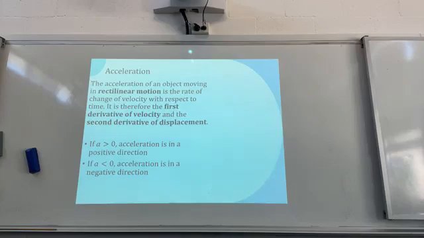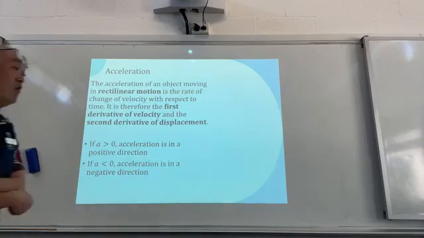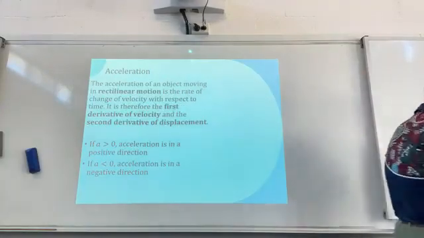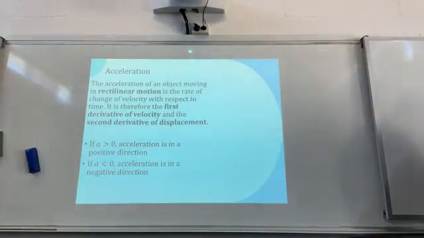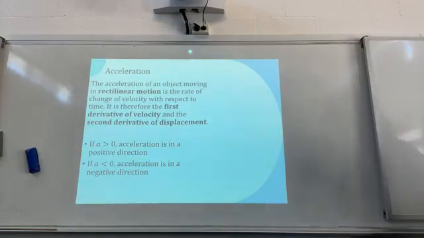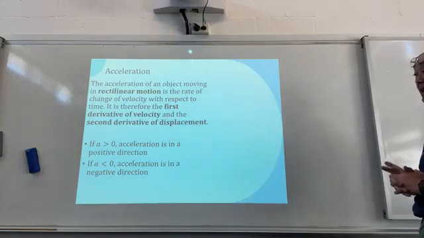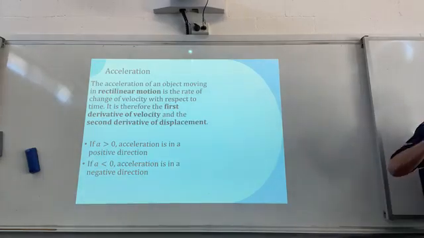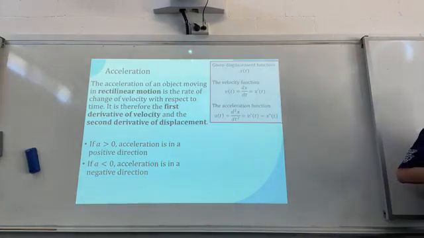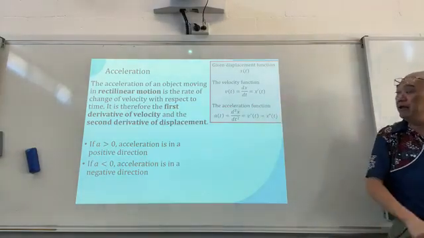And then from velocity to acceleration, you differentiate the velocity once more, which is the second derivative of displacement. If a is greater than 0, acceleration is in the positive direction, and if a is less than 0, acceleration is in the negative direction. Keep that in mind.